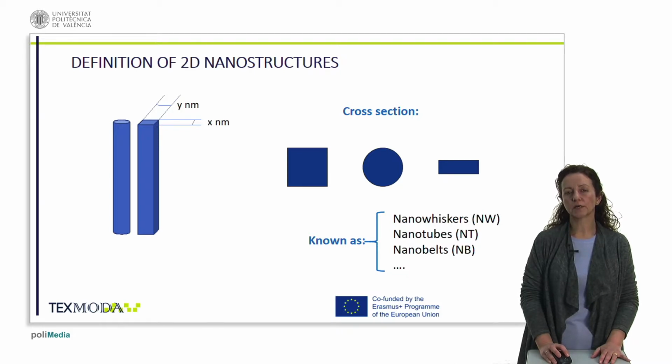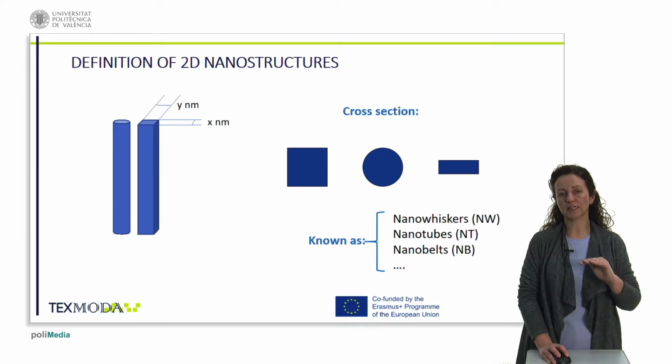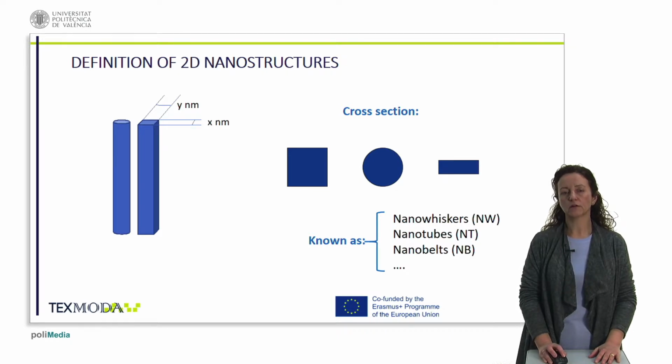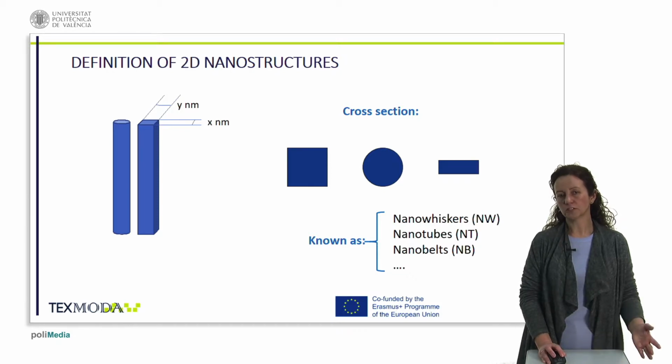So we can work on the 2 axes of the plane, or the flat cross section would be nanometric, even if we talk about a square, the diameter of a circle or whatever.